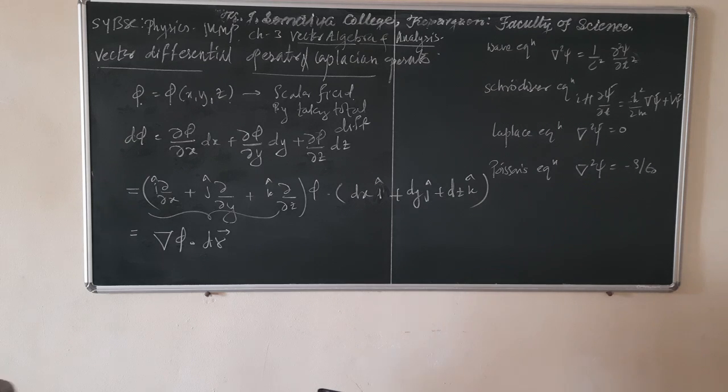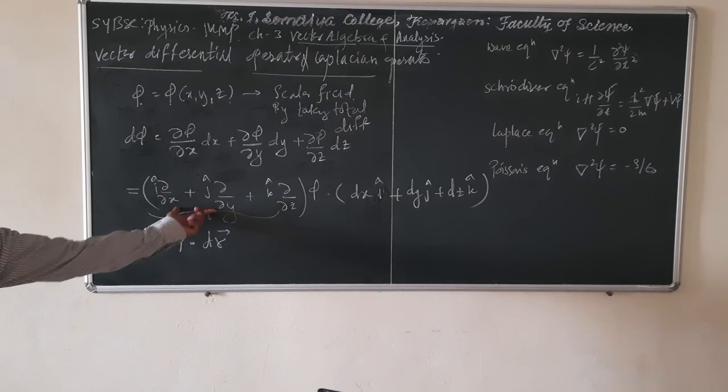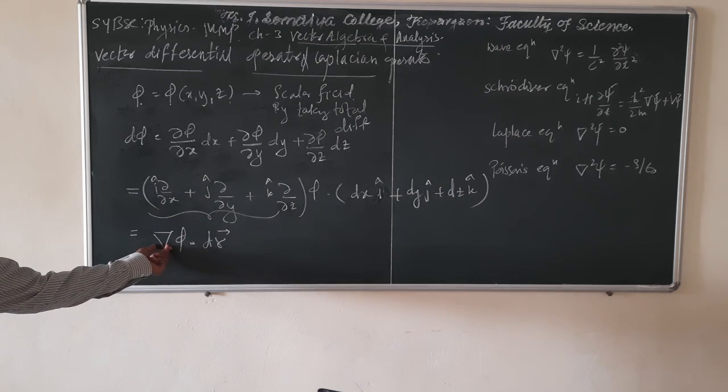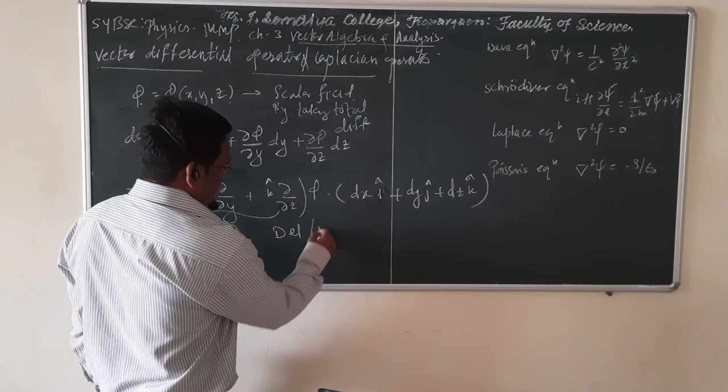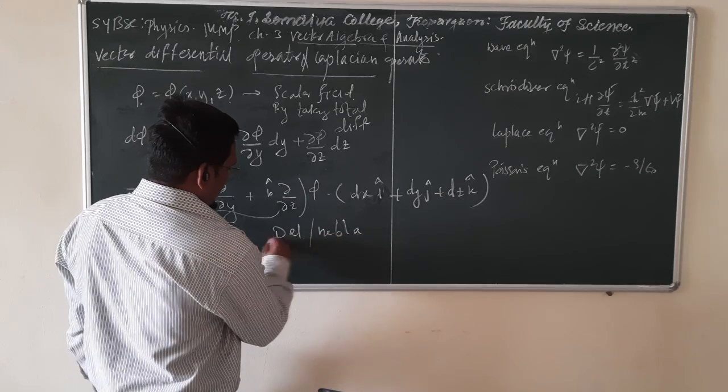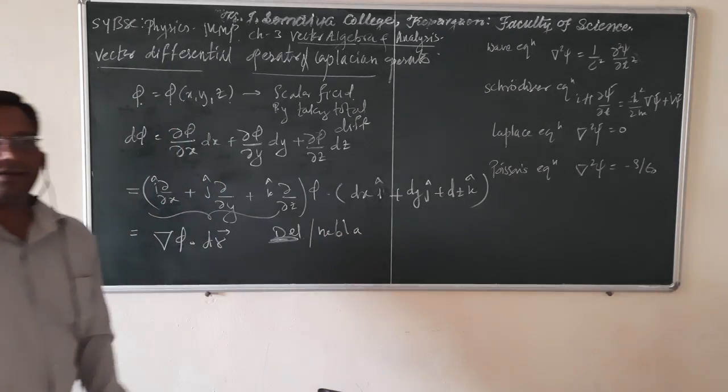Now here we get the definition of the vector differential operator. It is denoted by this symbol, which is known as del or nabla. We are preferring del.